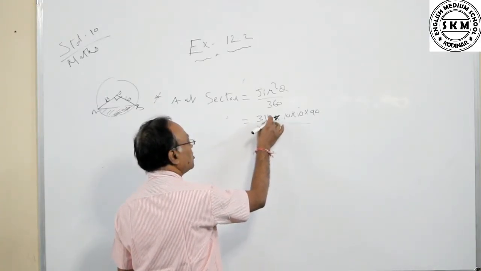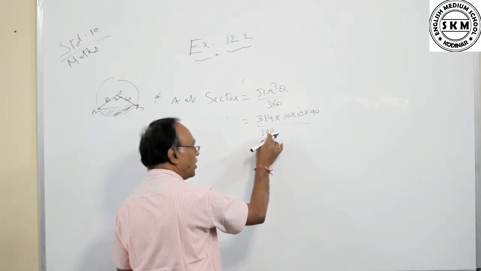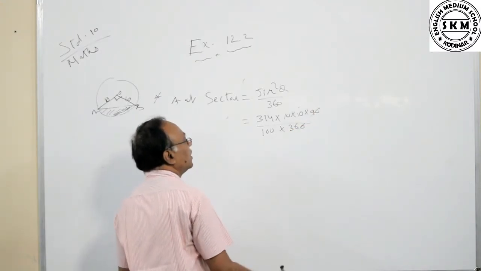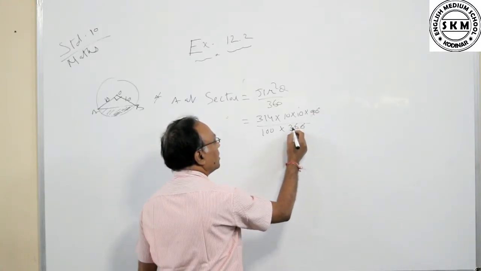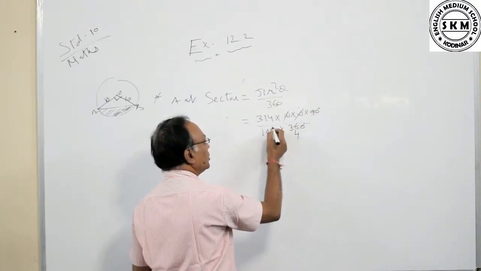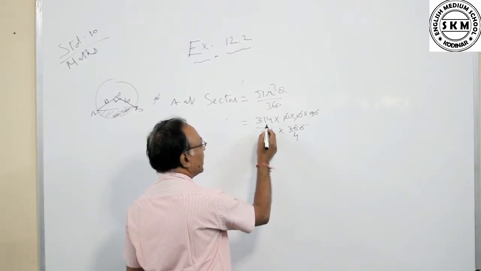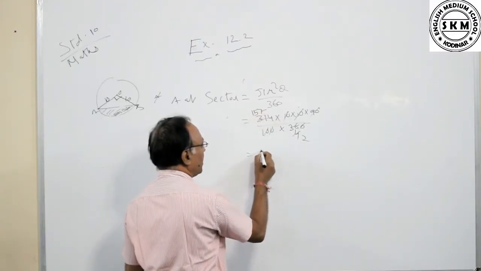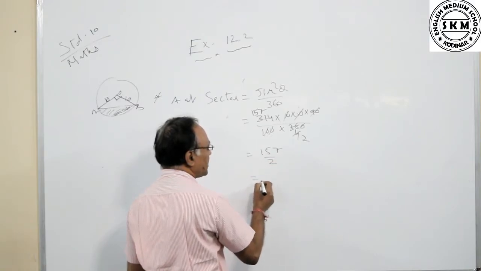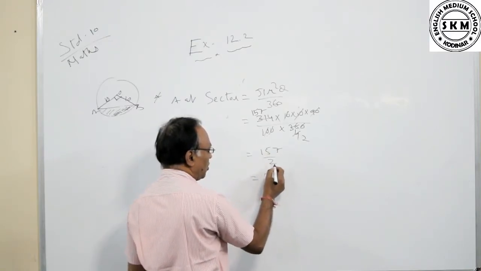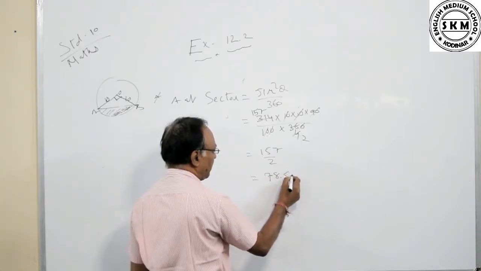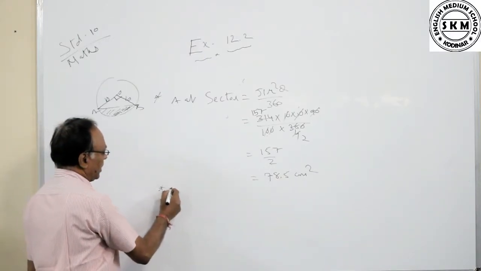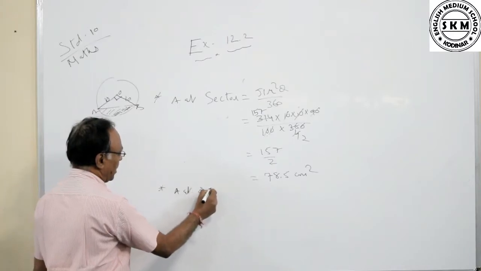Cancel the two decimal points, so 314 upon 100 into 360. Cancel the zeros, 9 4s are 36. Cancel the 2s, and 157 upon 2 is 78.5 centimeter square.